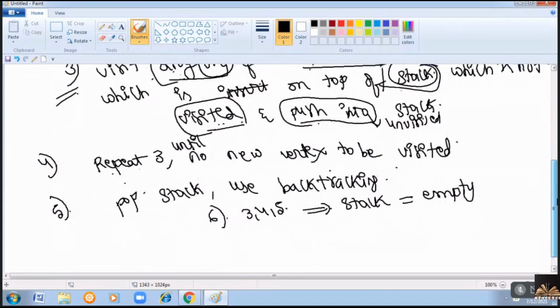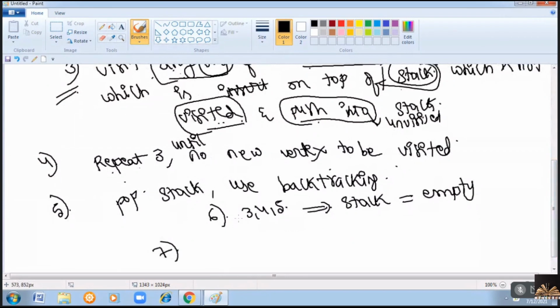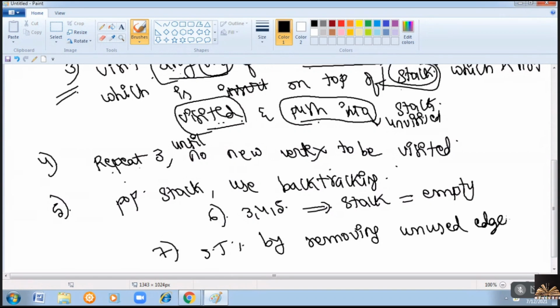Now, when the stack is empty, the resulting spanning tree will be produced, and this is obtained by removing the unused edges. Clear, ma?